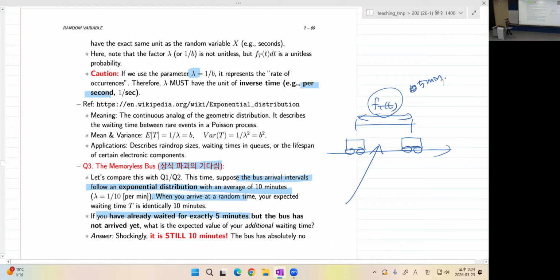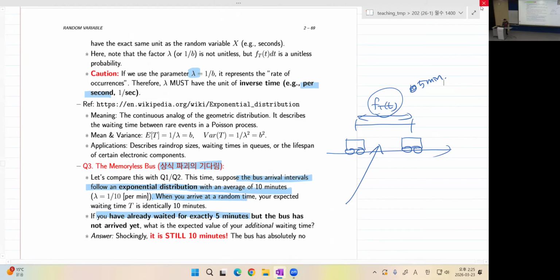In the previous continuous uniform example, since the buses are exactly spaced 10 minutes, your average expected waiting time was 5 minutes. So here again, you have 5 minutes expected waiting time. So far, it looks no problem.